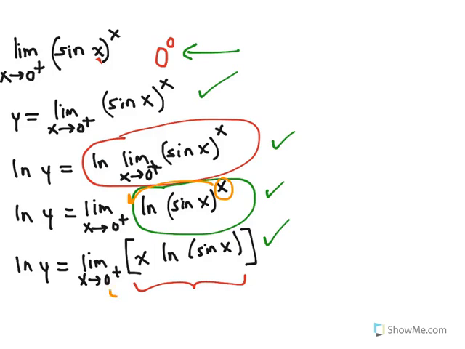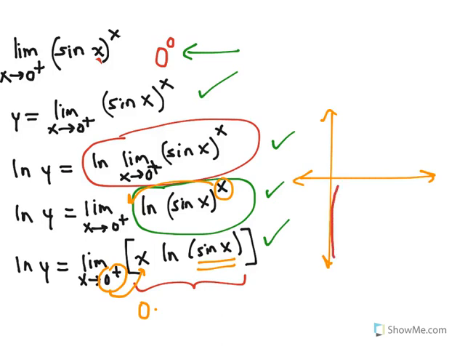So as x approaches 0 from the right, you're going to have 0 times natural log of sine of 0. Sine of 0 is 0, so you have natural log of 0. Natural log of 0 is actually undefined, but x is approaching 0 from the right side of 0. And if you remember the graph of the natural log function, it looks like this. You have what we call a vertical asymptote at x equals 0.